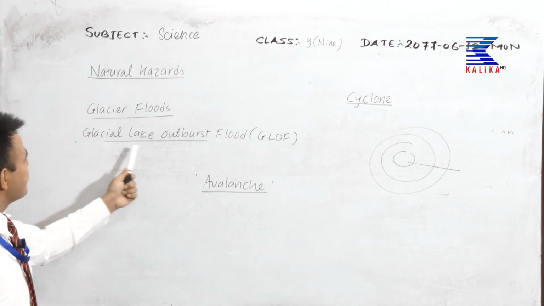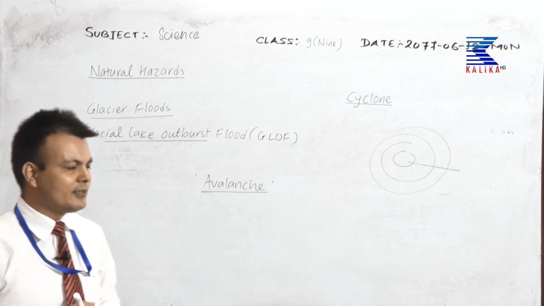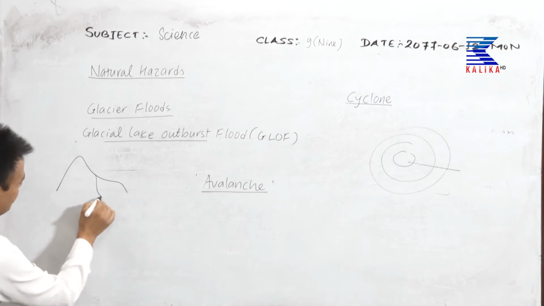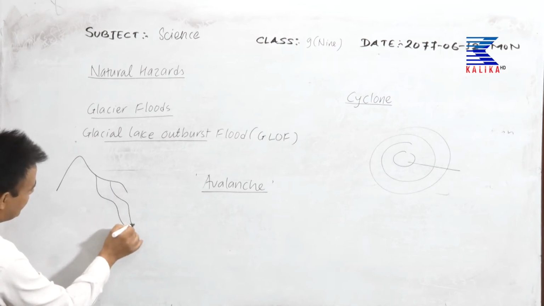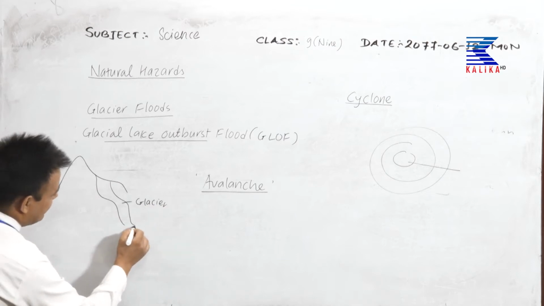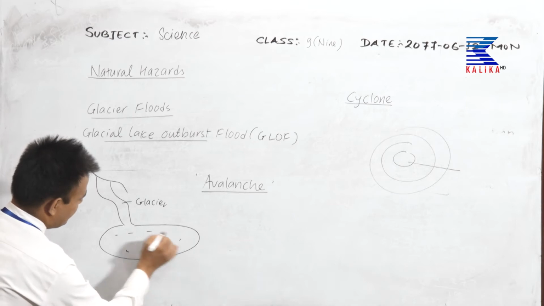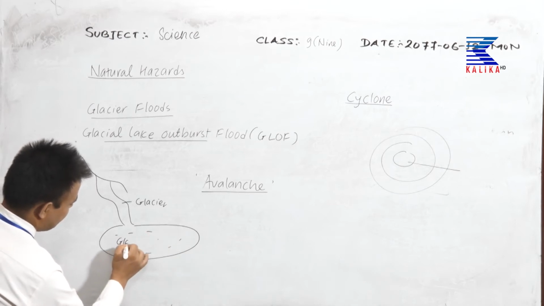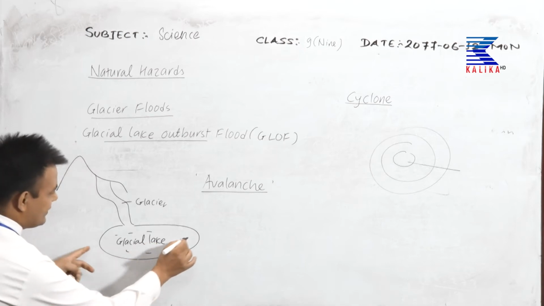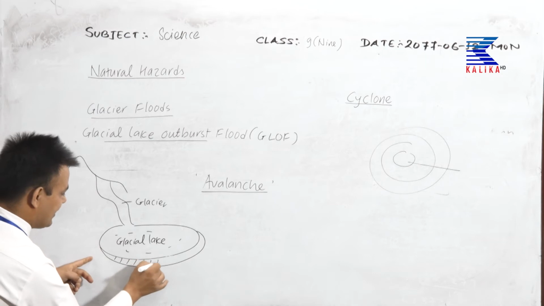So glacial lake outburst flood, what does that mean? This is the mountain and the snow falls down in the form of glacier, and the snow that gets melted in the depressions forms a glacial lake. So this is the dam to support this glacial lake.